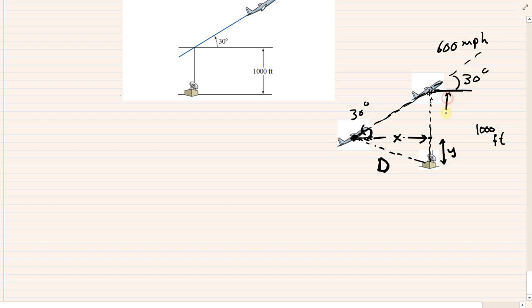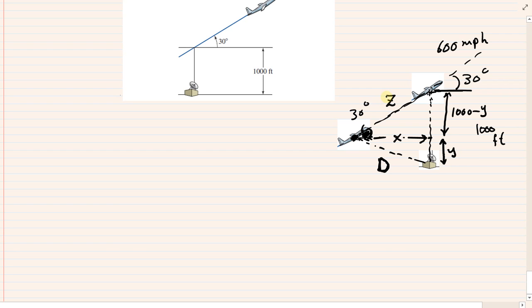And what's left over is going to be 1,000 minus y, because directly above the radar, the altitude is 1,000. Okay, and this angle is 30 degrees, so we need this side. We can call it z.